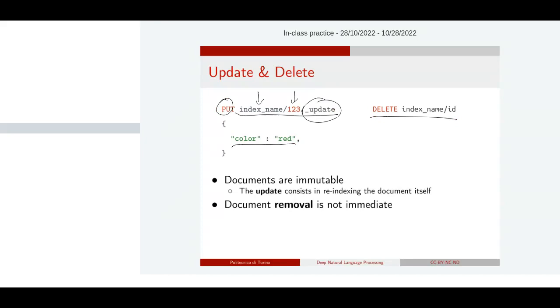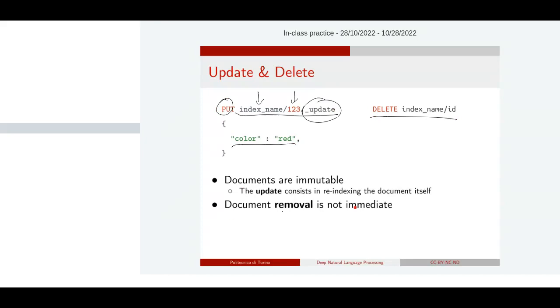The idea is that documents are immutable. It means that once I run my update request, what happens is that I insert a new document with the same ID, and meanwhile I delete the previous one. So I'm just re-indexing another document using the same ID and deleting the old one.